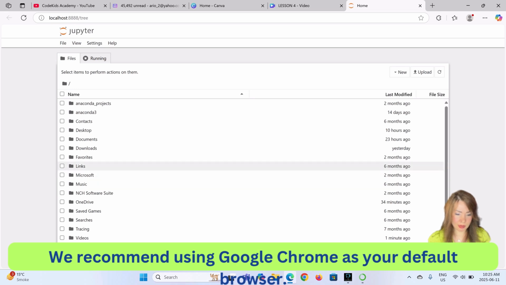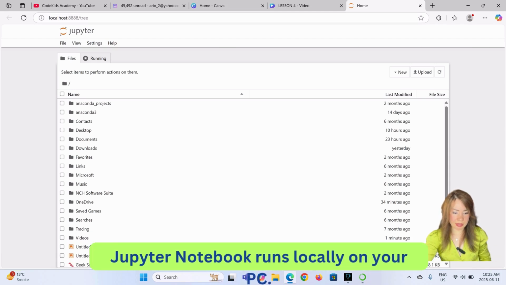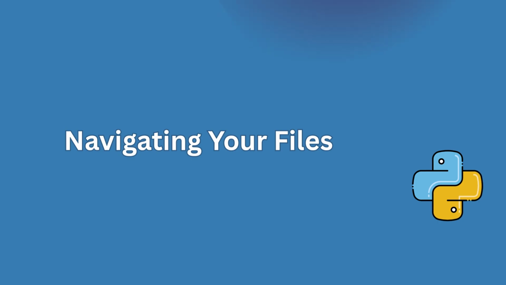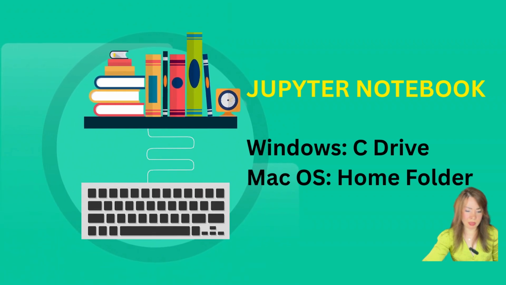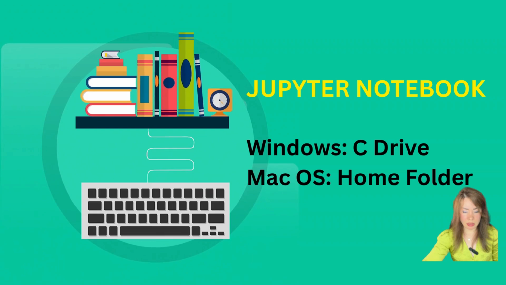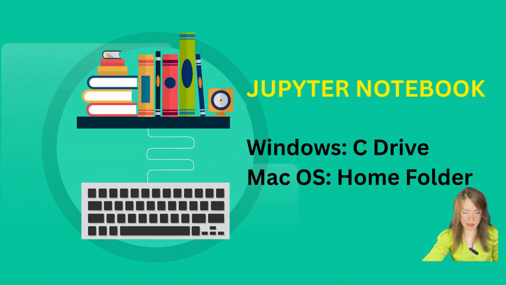Once it opens, you'll see that Jupyter uses your browser as a visual interface. It doesn't actually need the internet to run. It's just running locally on your machine. Jupyter typically opens in your user directory, for example, your C drive on Windows or your home folder on Mac operating system.